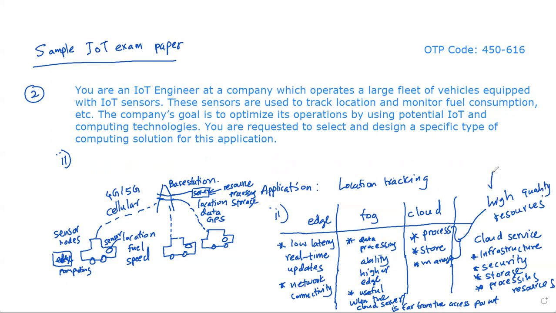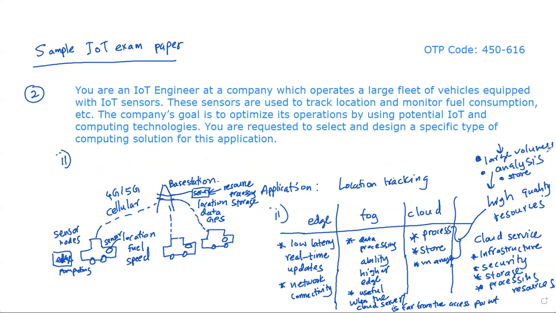Okay, so we can process large volumes of data, and we can analyze the data. We can store and manage the data very reliably. So we can handle large volumes of data easily using cloud computing.